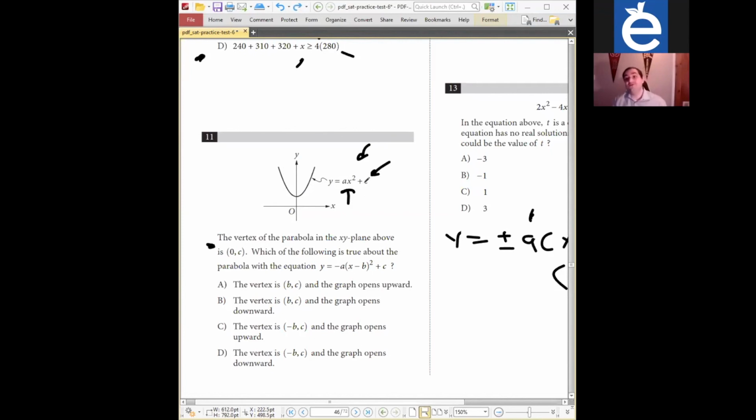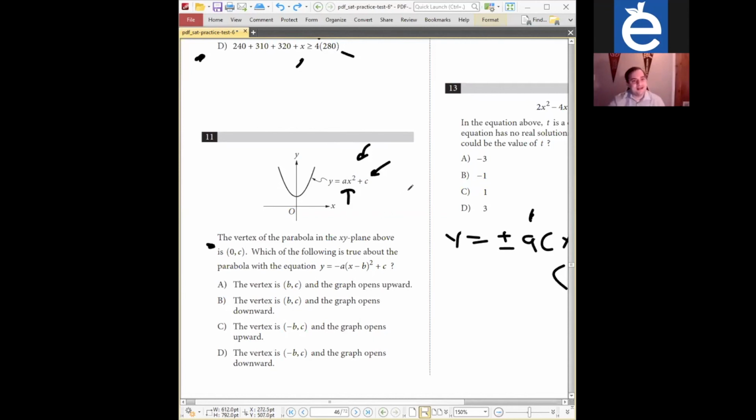Now, if that sounds really picky to you, I agree, but what I'm describing is a literal question. There was one question where you had to understand that just because it said a didn't mean it was positive. In that particular case, a was negative, so you had to do negative a to flip it the other way.